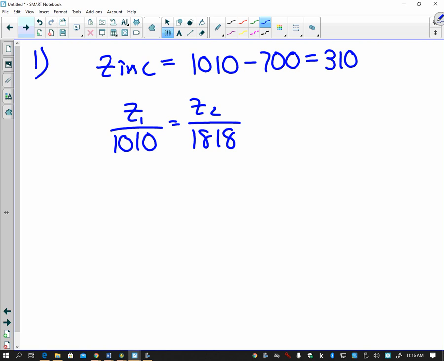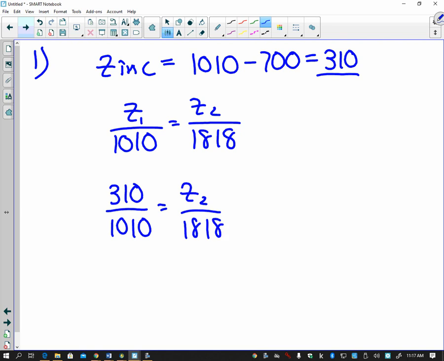Now we have a little bit of substituting to do, because this 310 is my zinc 1. So 310 over 1,010 equals the amount of zinc that we needed to make 1,818. Does that make sense?